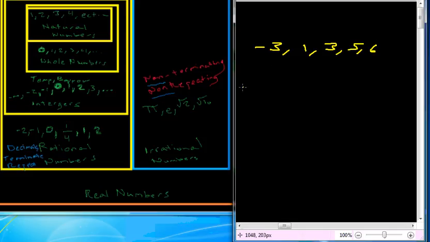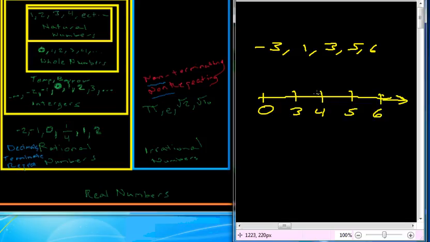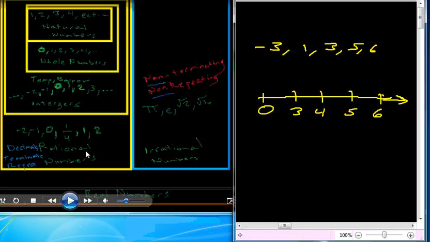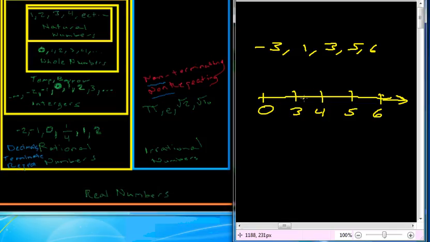Okay, look here, guys. If this is my number line, and then I have 1. Let's go to 3, 4, 5, and 6. Here's what the density property is telling me. It says there's a number. For rational numbers, we deal with decimals. Sure, there are plenty of decimals in between here, but integers don't give us decimals, do they? Integers move from integer 3 to integer 4 to integer 5.